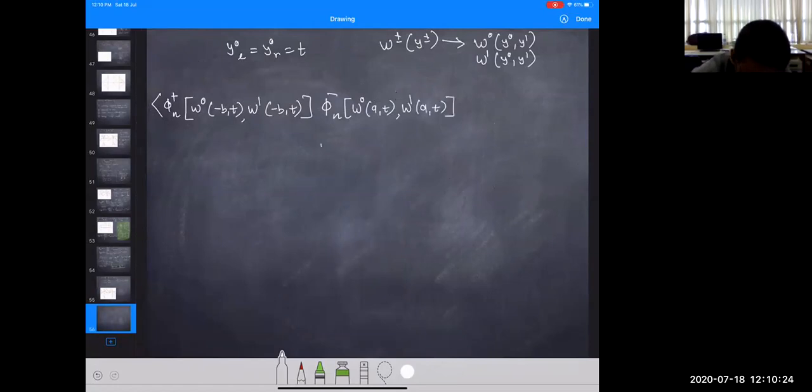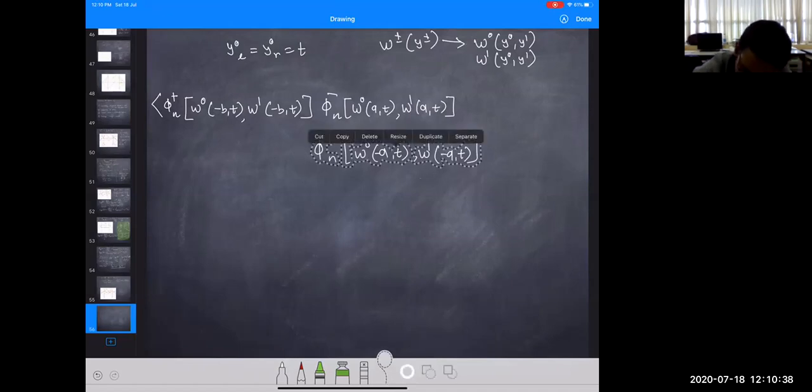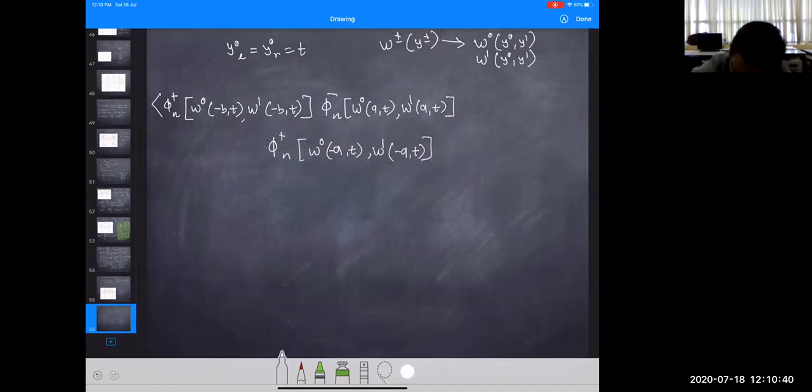Okay, and then these are plus and minus operators which are creating branch cuts, and let me just complete this expression. I minus n, w0, b comma t, w1, b comma t.